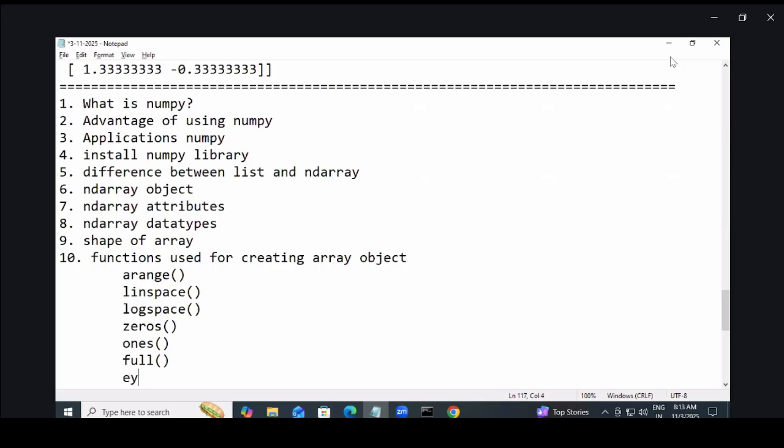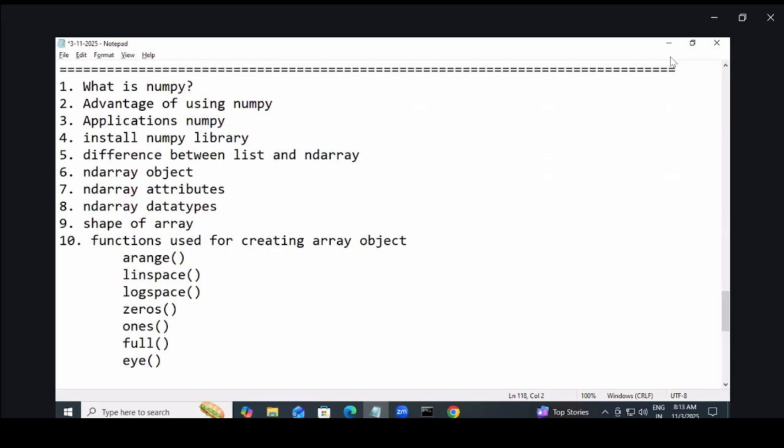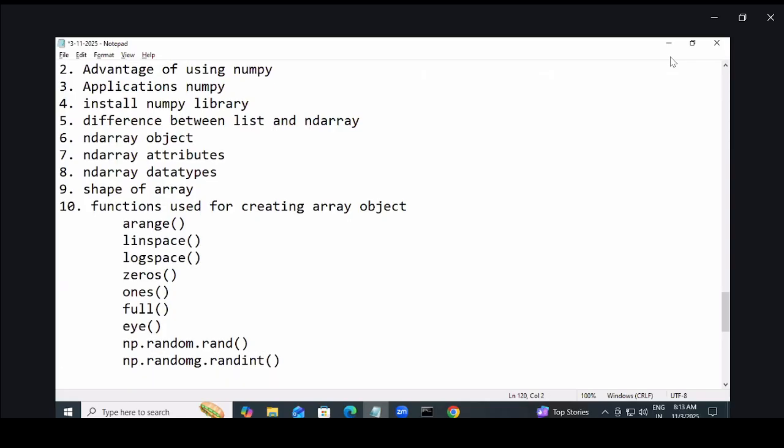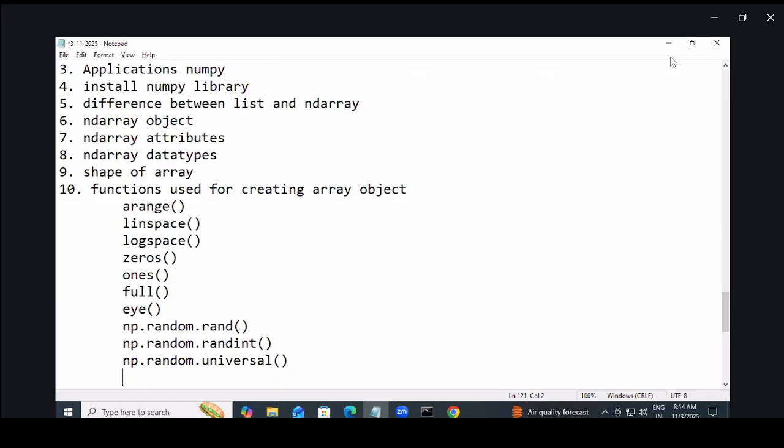I also talked about the np.random.rand function and the np.random.randint function. And there is a function for uniform distribution; normal distribution we have seen, and then the uniform distribution.